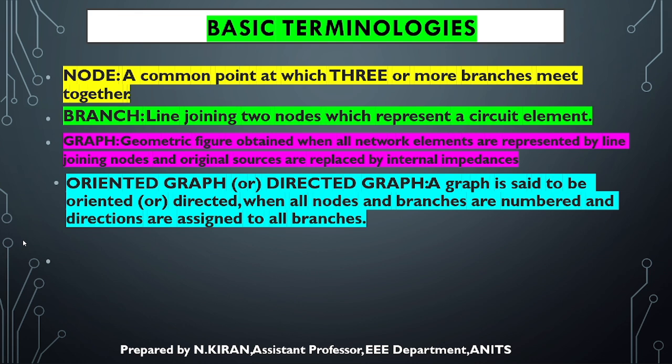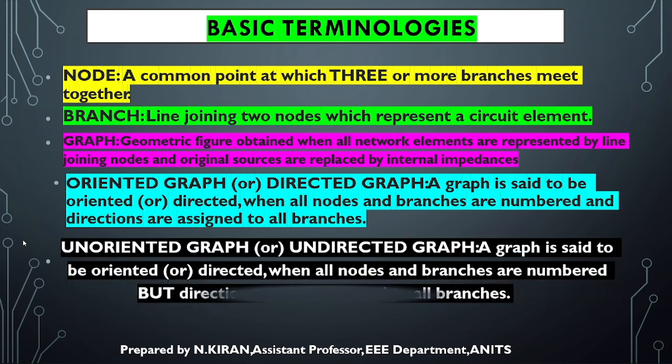So a graph is said to be oriented or directed when all nodes are numbered and branches have a particular direction. So obviously unoriented graph or undirected graph is nothing but a graph in which the nodes are numbered but the branches that are there, they do not have any particular direction.